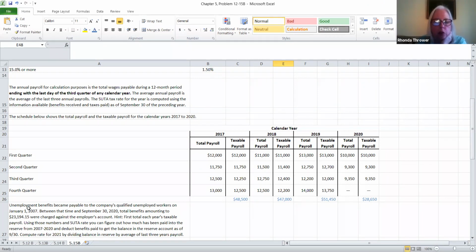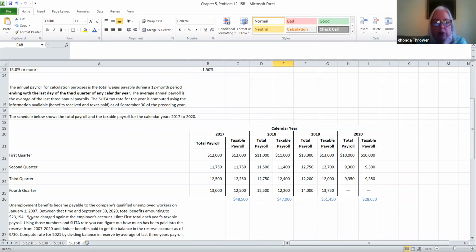The remainder of this problem states that unemployment benefits became payable to the company's qualified unemployed workers on January 1st, 2007. Between that time and September 30th, 2020, total benefits amounting to $23,194.15 were charged against the employer's account.